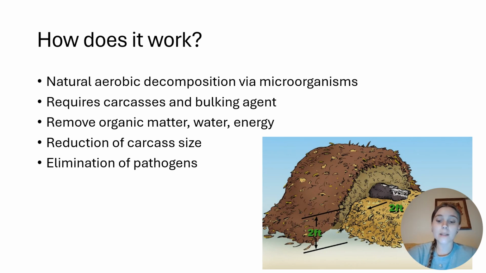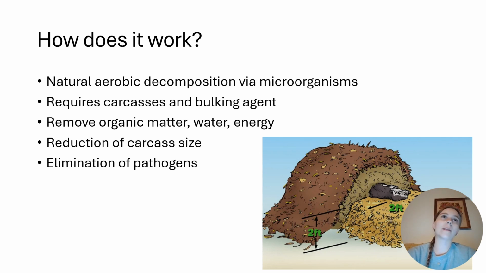So the basis of composting is basically taking a bunch of dirt full of nutrients and placing it around your dead animal, and through the process of turning and moving oxygen and organic matter through the soil, you can begin to aerobically decompose those nutrients. Basically the way it works is it breaks down that animal by removing water, organic matter, and energy.